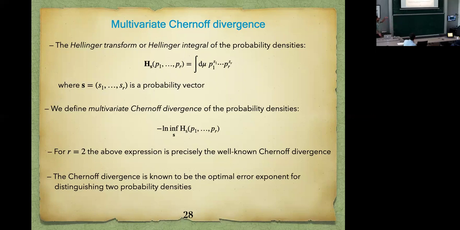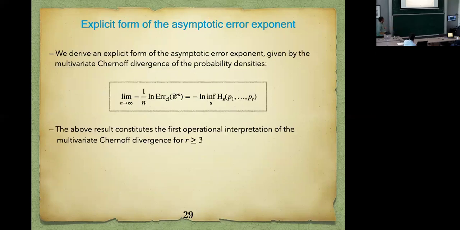Again, for the anti-distinguishability task, the hope was that the optimal asymptotic error exponent would be the pairwise maximum Chernoff divergence, but that doesn't seem to be the case. What we get is this: the asymptotic error exponent for the classical case is given by this multivariate Chernoff divergence. This quantity that we define has an operational meaning for the classical anti-distinguishability task.